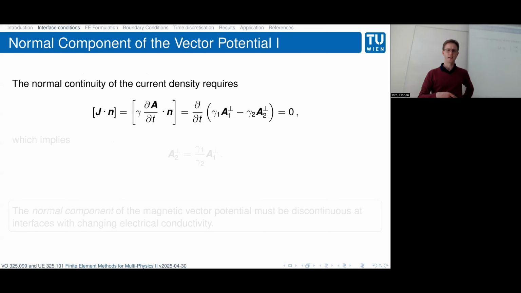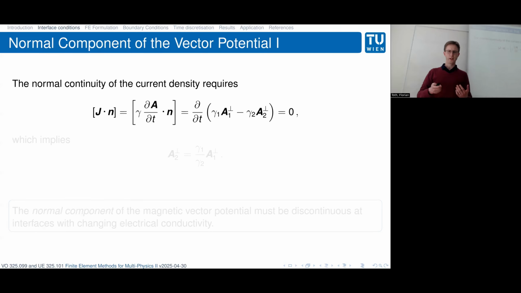Let's look at the next physically required interface condition, and this is the normal continuity of the current density. Current density is given by the time derivative of the magnetic vector potential multiplied by the conductivity.